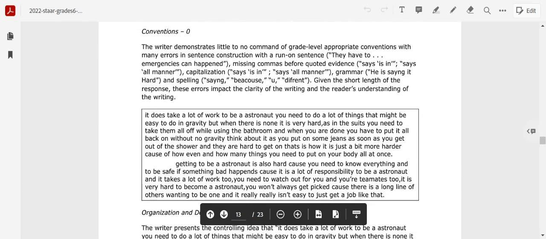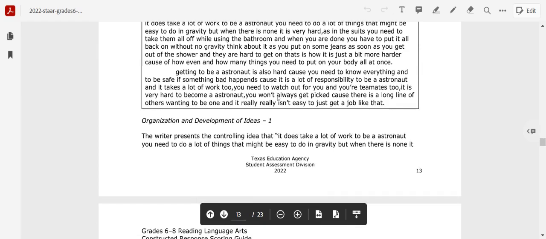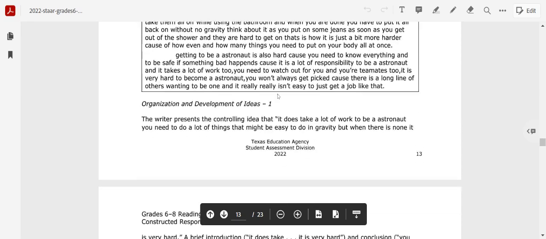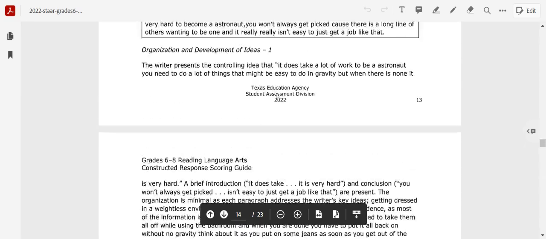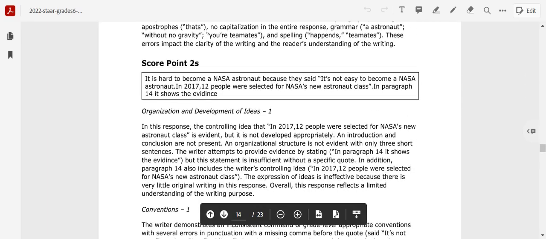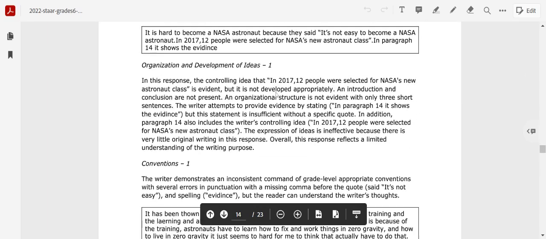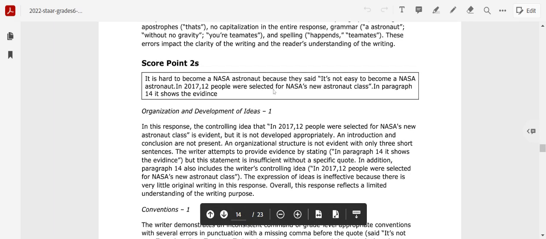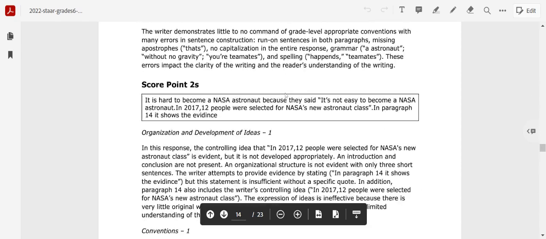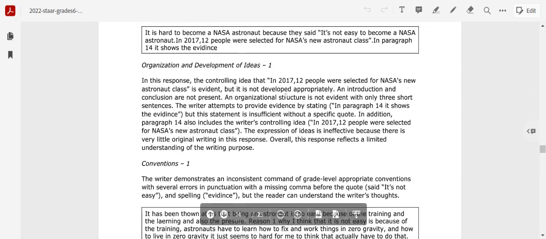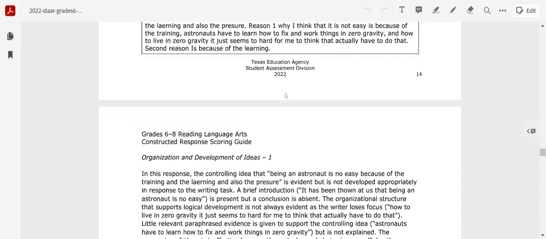This one got a 1 for organization and a 0 for conventions. This one got a 1 for organization and a 1 for conventions. So that would be a 2, which if 2 people gave it the same score, that would be a 4 out of 10. And look how short that is. So I think it would be interesting to compare how did this get a 1 compared to the one that got the 0? Probably because it had a central idea.